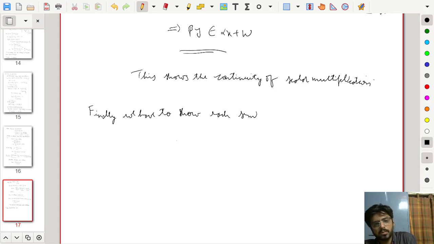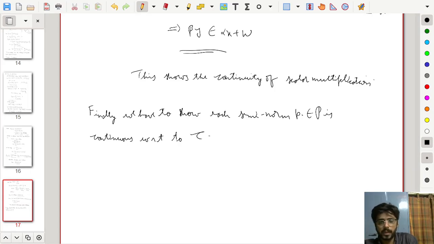Each seminorm p in P is continuous with respect to tau. Right? Okay.